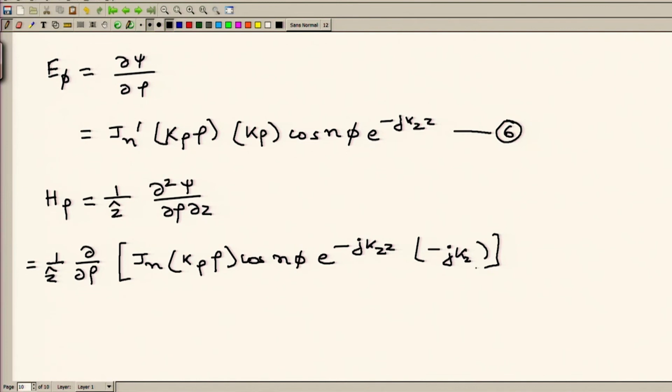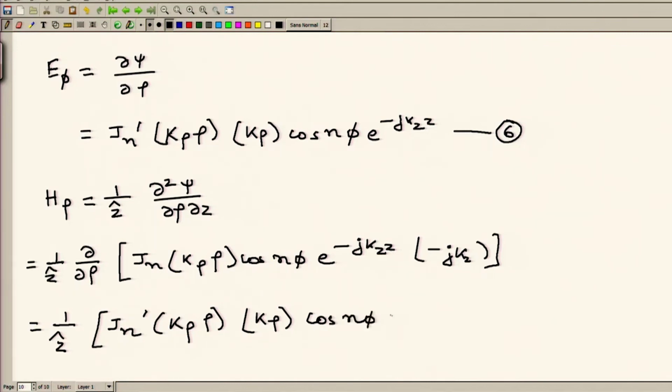And again with respect to rho we will have 1 upon z cap, J n prime k rho, times k, and cos of n phi e to the power minus j k z z times minus j k z. So, this is equation number 7.